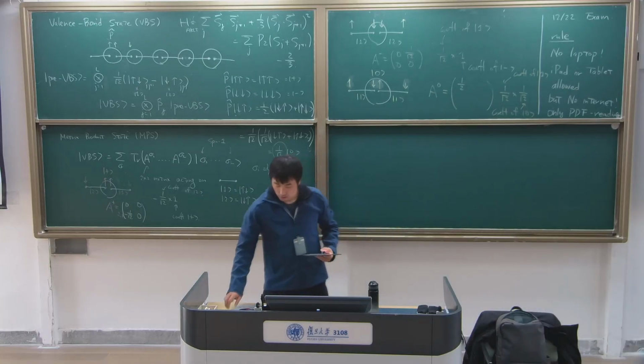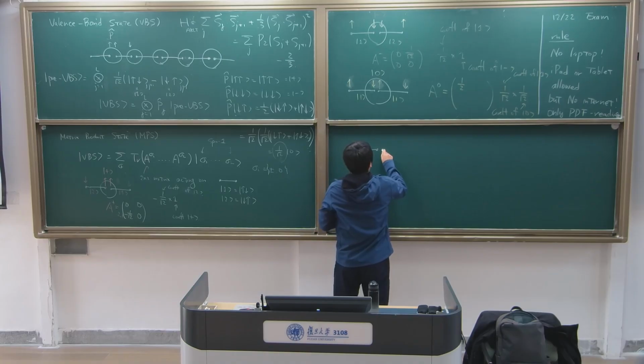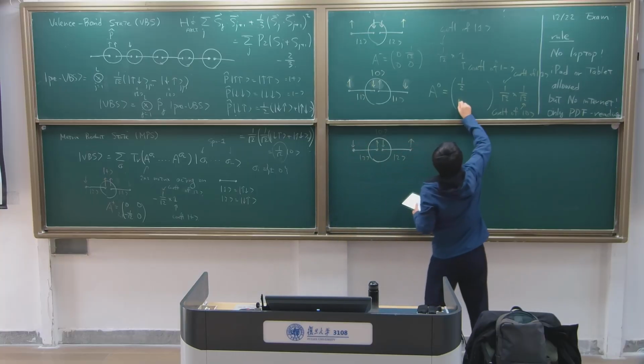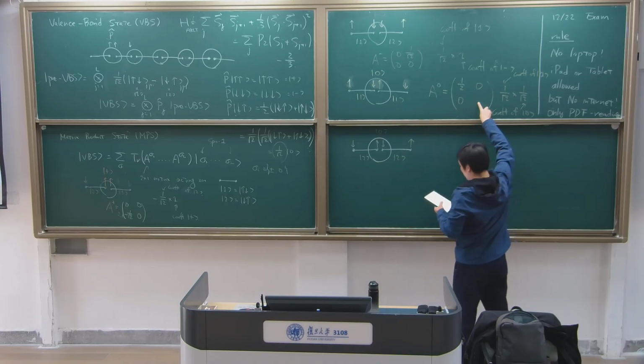And for 0, we have another matrix element, because of this way. And this is 0. So therefore 2 becomes 2, so the 2 component is non-trivial.